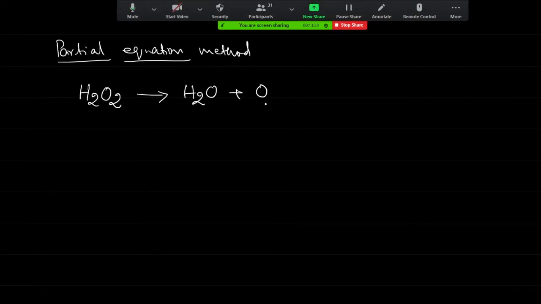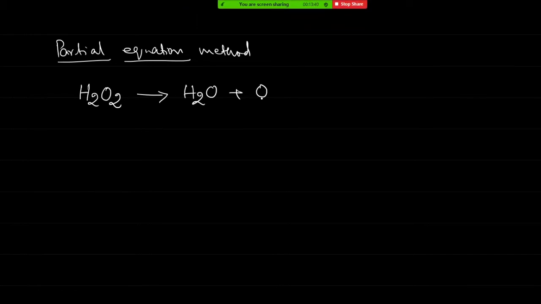Nascent oxygen means it is in the atomic state, it is not the molecule O2, so we call it nascent oxygen. So the first step is the decomposition of hydrogen peroxide. Second, this nascent oxygen oxidizes the potassium iodide in the presence of water to give iodine and potassium hydroxide.